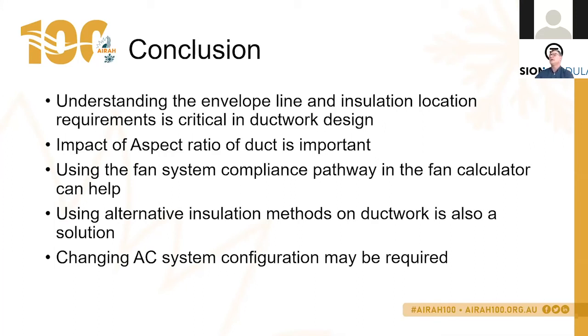I did mention that insulation can be reduced locally in ductwork. It's not stated in the NCC, it is a performance-based solution. So if you locally reduce insulation in ductwork, you may compensate for that by slightly increasing the insulation requirement on the other parts of the ductwork. And then via a fairly basic calculation, you should be able to demonstrate that the average insulation overall would still be better than compliant to the requirements within the code.